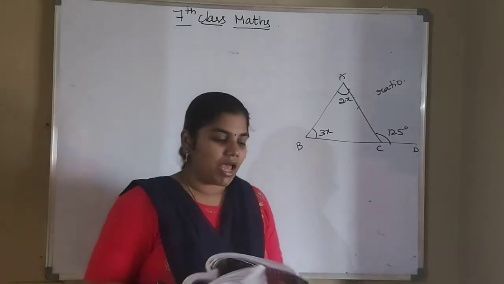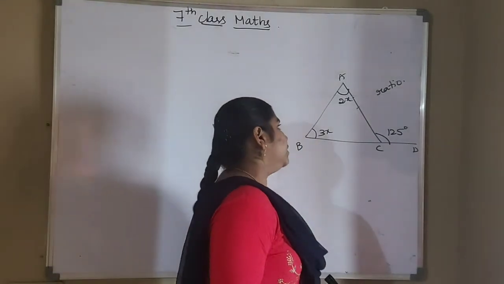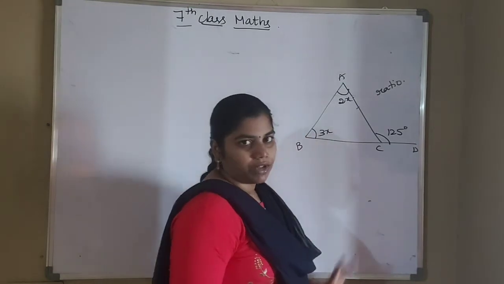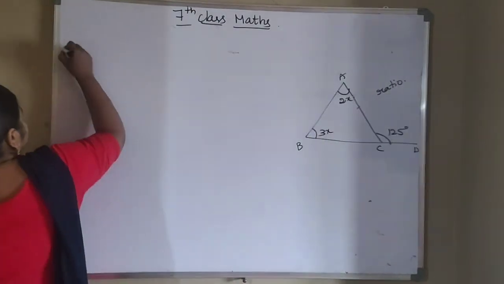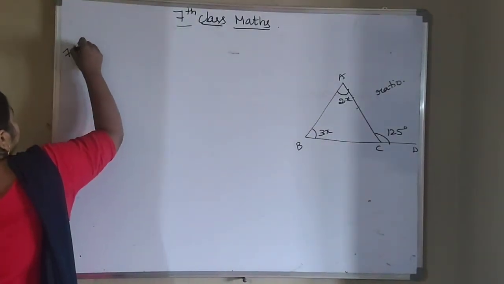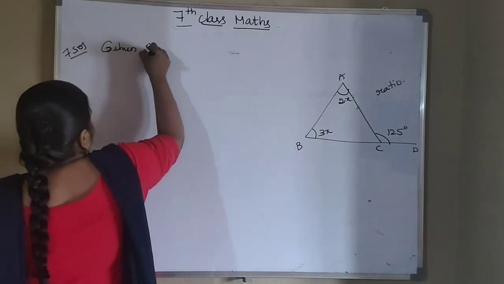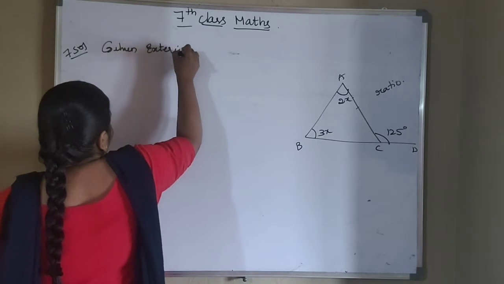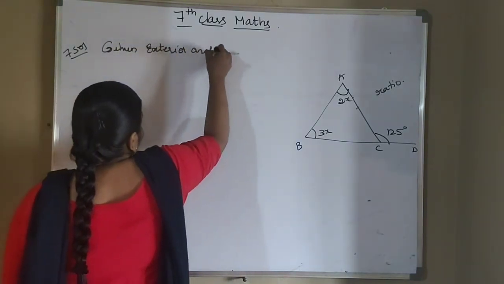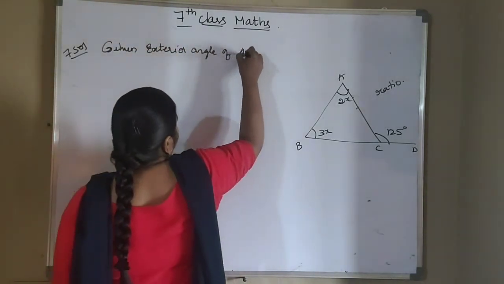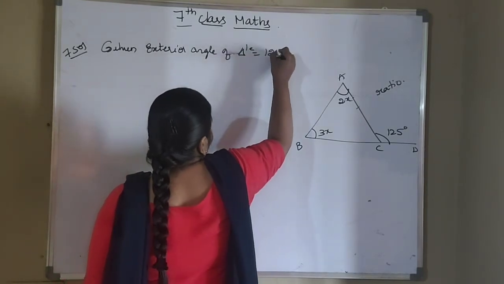Find the angles of the triangle. So we have to find these two angles here. So what they have given first? 7th solution. Given: exterior angle of the triangle is equal to 125 degrees.